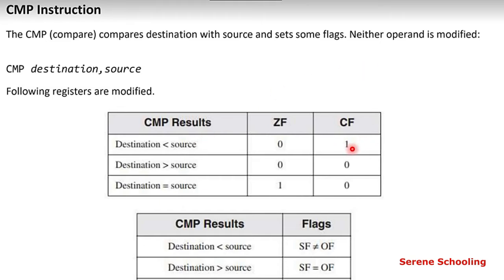We have discussed the carry flag already, that it indicates an unsigned overflow. And yes, in this case the overflow has occurred, because if you write it as move destination comma source, then you are moving a value that is larger than the destination. So this is not possible. When you compare such a statement, you get to know that destination is less than source.